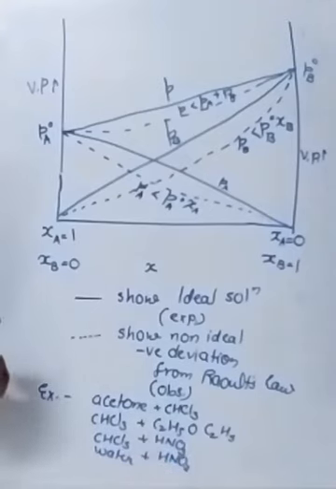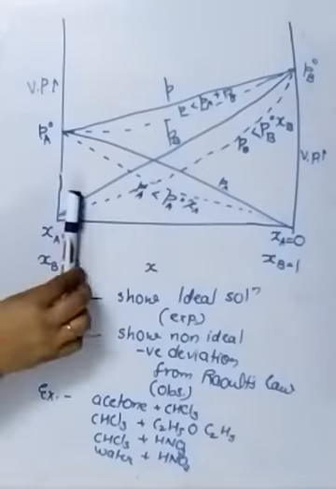So we had seen what non-ideal solutions are, how they show positive and negative deviation. We'll be studying azeotrope in our next class.